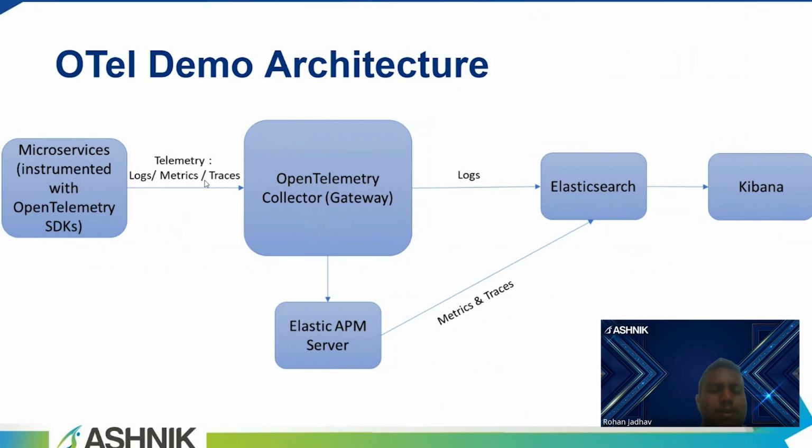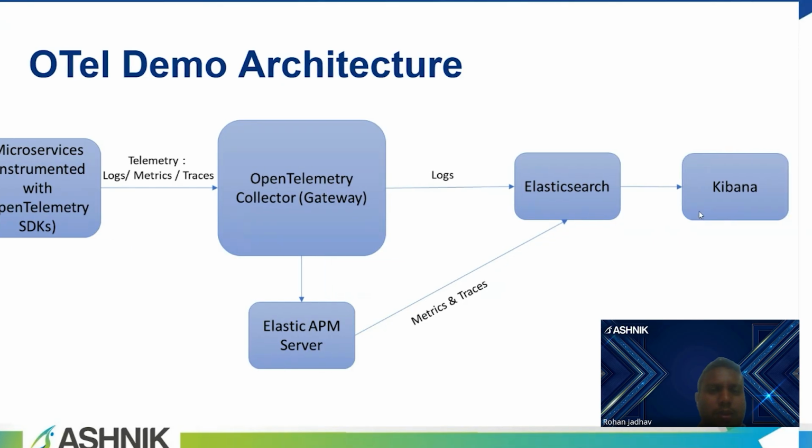Mainly the traces and metrics are sent to Elastic APM, so that we can enable the Elastic Observability tab in Elastic Kibana. For that purpose, we are sharing these metrics and traces with the APM server first, and then ingesting into Elasticsearch. For logs, we are directly storing logs into Elasticsearch as an index, and we can access all this data through Kibana. This is the basic architecture which we have implemented here.